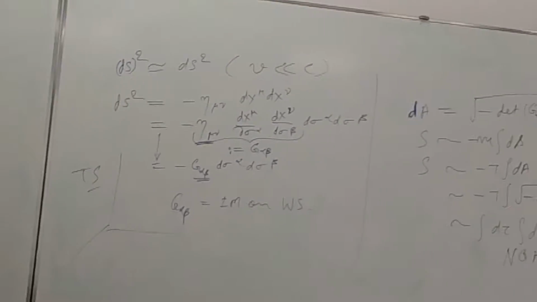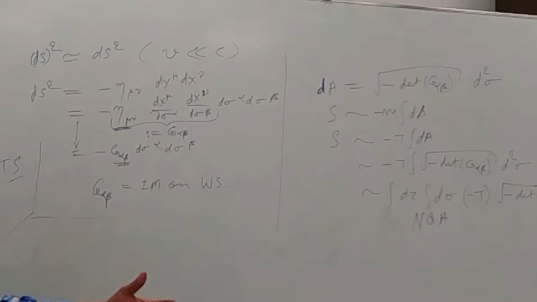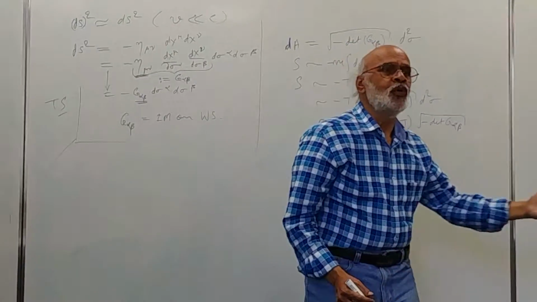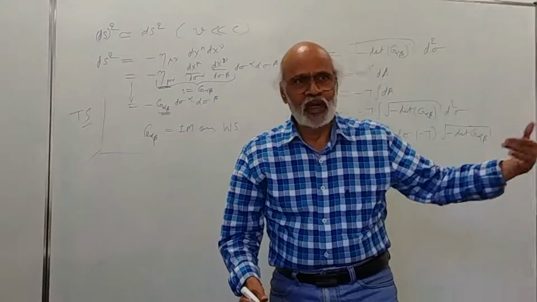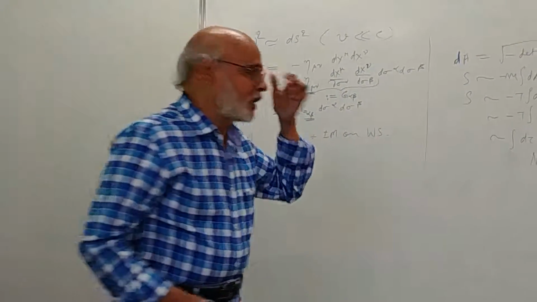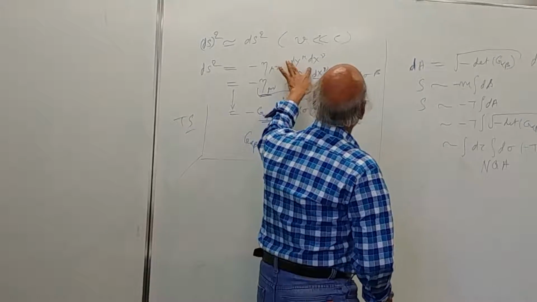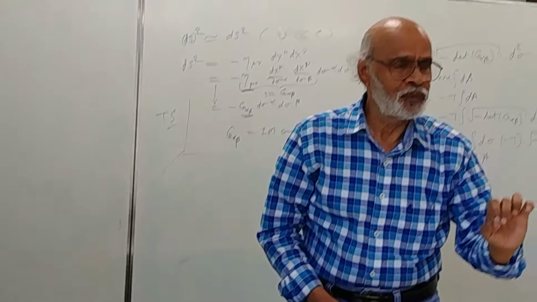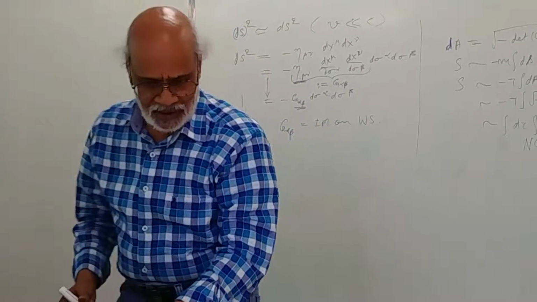All such actions which involve square roots are called Nambu-Goto type actions. We could have more fields in the theory later on at some point. Right now we are interested only in the so-called string coordinates x mu, which are kind of scalar fields.